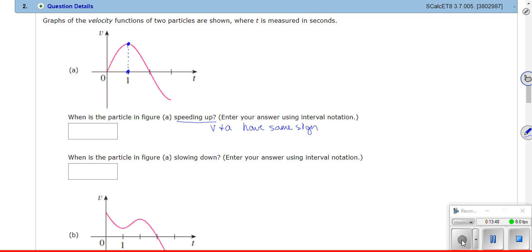If I was going to graph acceleration, I'll use blue here, that would be 0 because that's a change in direction. And it looks like right here, it might also be 0 because it looks like it's getting ready to come back up.